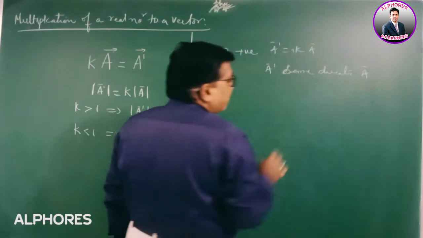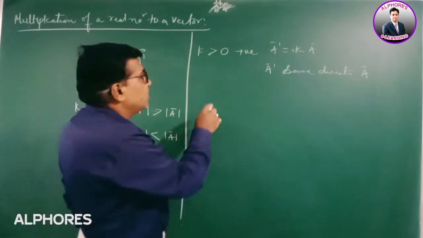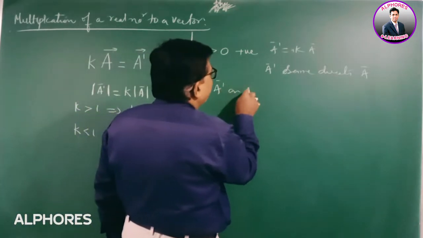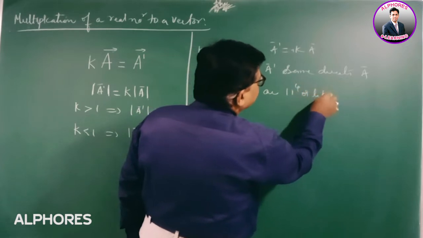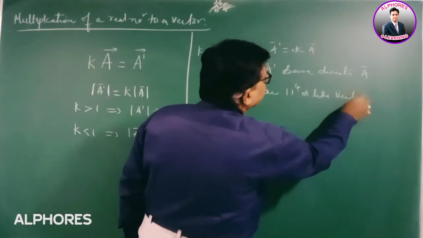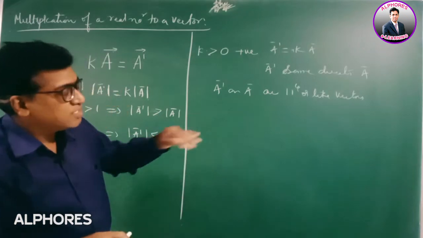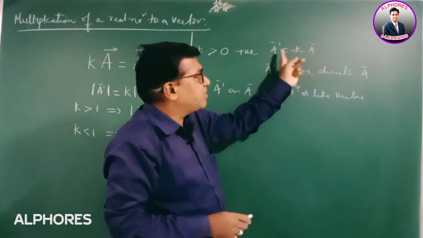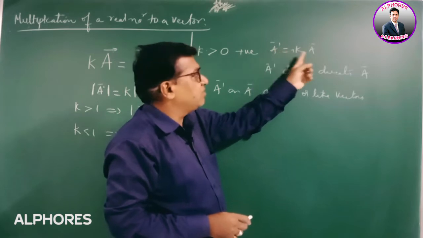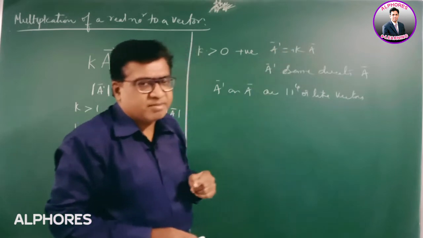A dash bar and a bar will be parallel or like vectors, if k is greater than 0, positive. If it is positive, then this is positive, this is also positive. A dash will be the same as that of a bar.